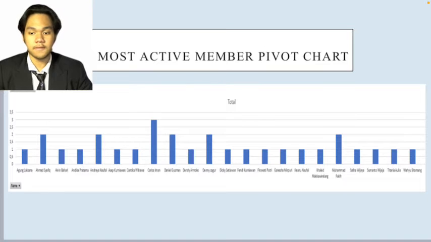As we can see, we have a total of 22 members. Amongst the other members, Carlos Imam has the most loans per month. He loaned 3 books per month.